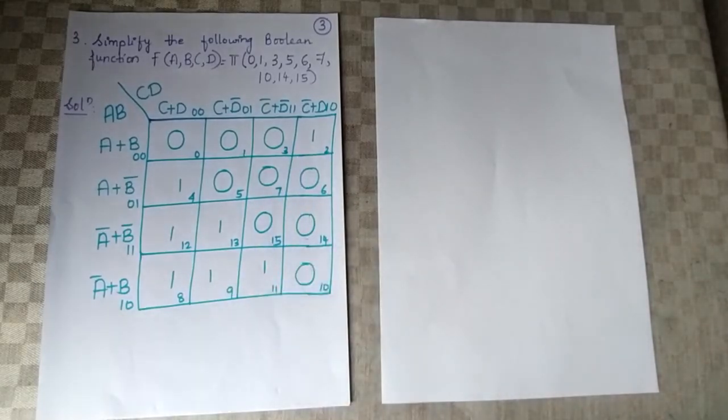Okay. Now we have to go for grouping here. What is the rule for grouping? First check whether there is any octet present here. Can we get 8 zeros? No, it's not possible. Next we need to check for quad, that is 4 zeros together.